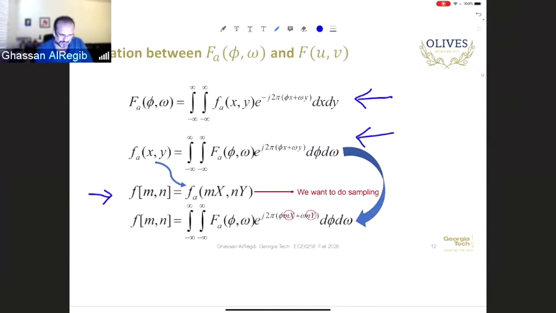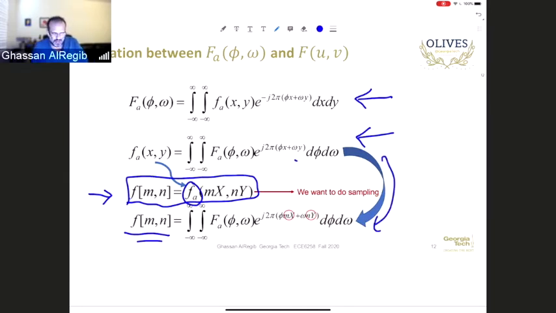Similarly, if I use this equation here, on the x-axis the same, and on the y-axis, I replace f_a with the definition from this equation, as you can see in here. Now what will be different is that I will replace small x with m capital X, and I will replace small y with n capital Y, because that's how I can get f of m and n.